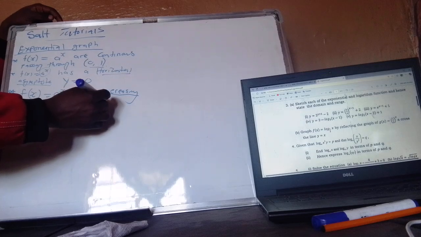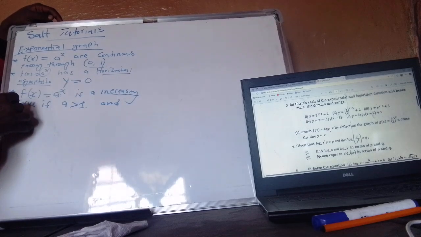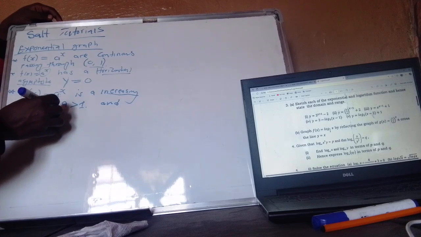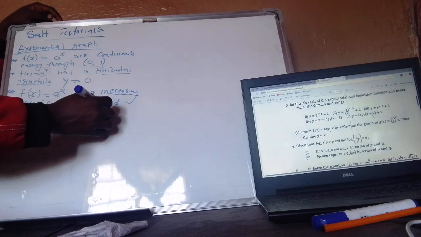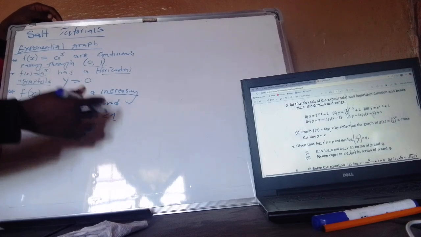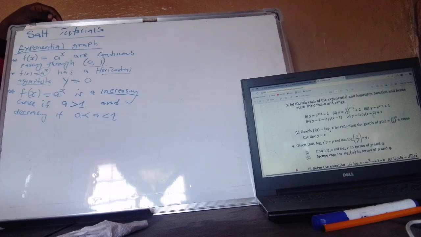And a decay curve or a decreasing curve if the base is a fraction. So if this a is in between 0 and 1, the a is basically a fraction, I'm expecting to have a decay curve or a decreasing curve.